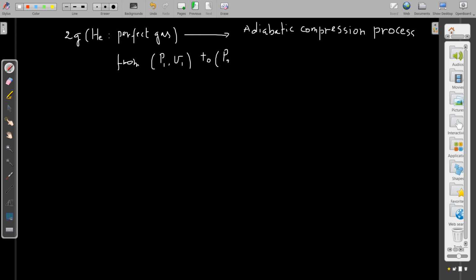Pressure number 2 and the second volume, the final volume, V2. Given the gamma, which is equal to 5/3 in this case. A, the final volume V2. The final volume V2.